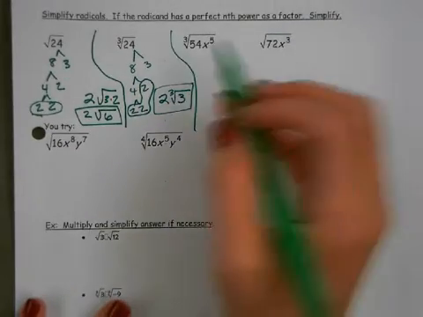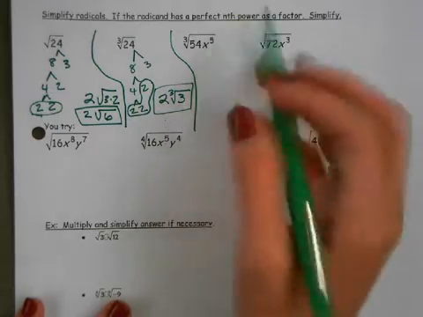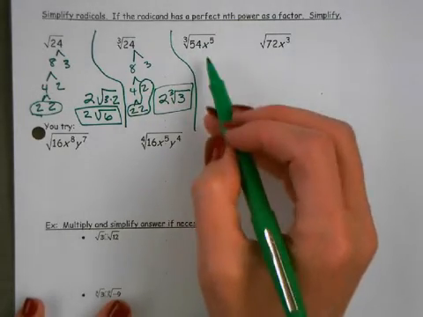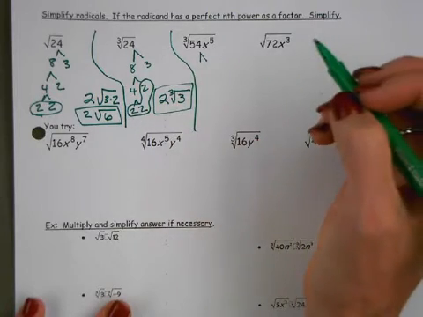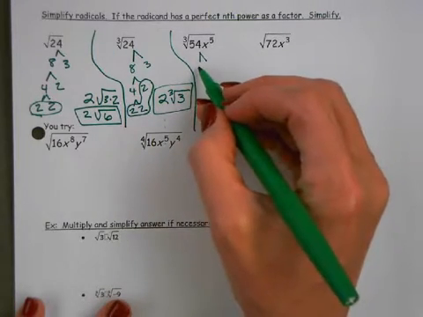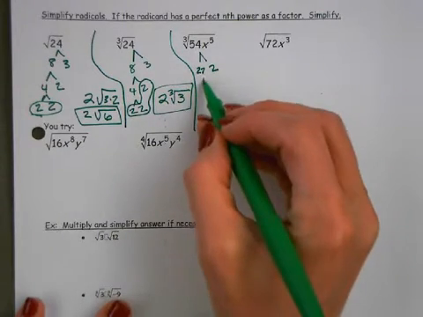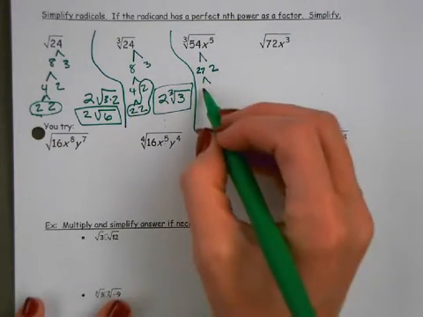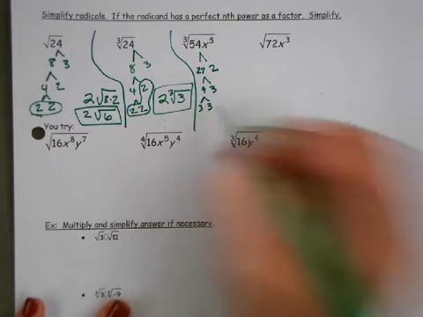Alright, so let's look at 54. Now here we have 54 and x to the 5th. So here we have a variable with it. We deal with the numbers on their own, and then we look at the variable second. We could take 54 and break it down into 27 and 2. 27 can be broken down into 9 and 3, and then 9 can be 3 and 3.